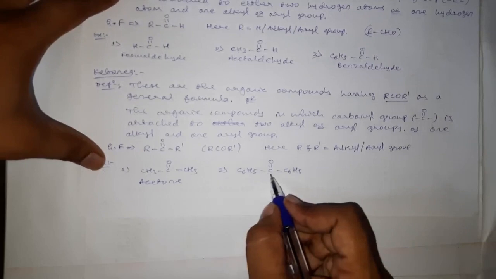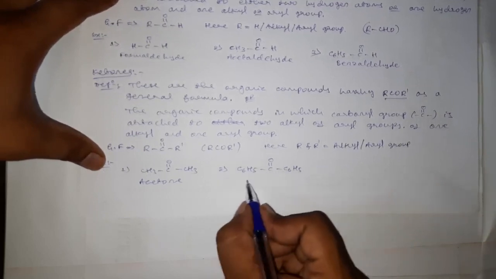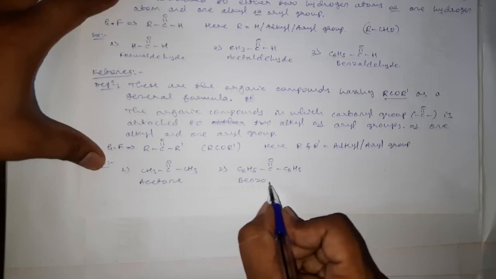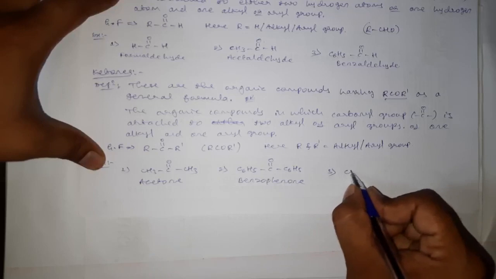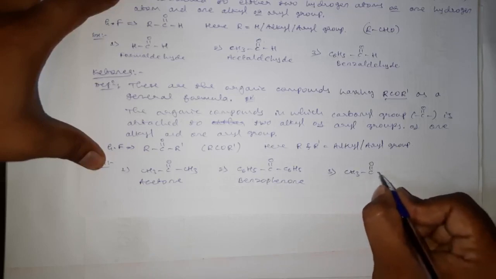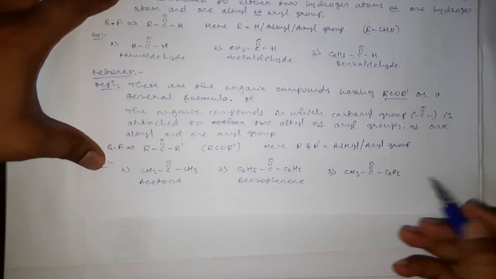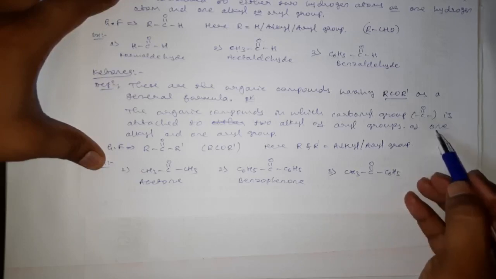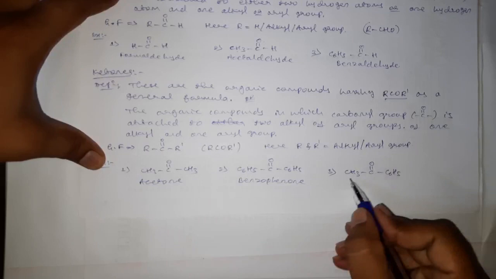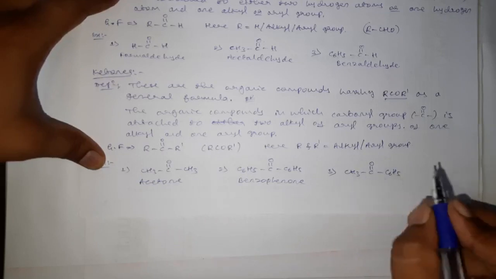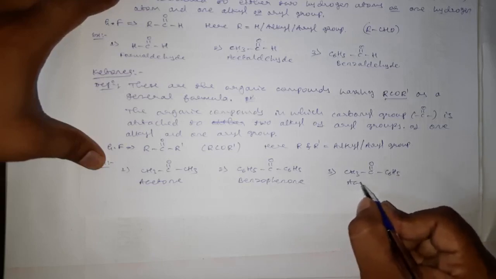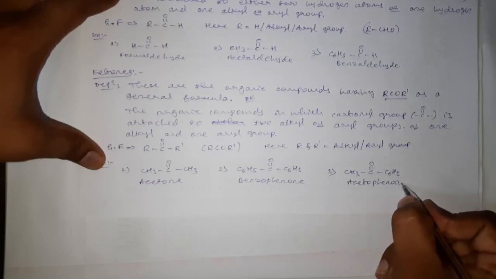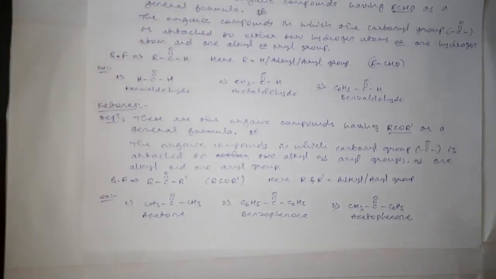See, here the carbonyl group is attaching to two aryl groups, and it is a ketone, benzophenone. Okay, then take another one, CH3 C double bond O C6H5. Here the carbonyl group is attaching to one alkyl and one aryl group, and it is a ketone of the form R C double bond O R dash, and its name is acetophenone. Okay, this is the definition and example for ketones.